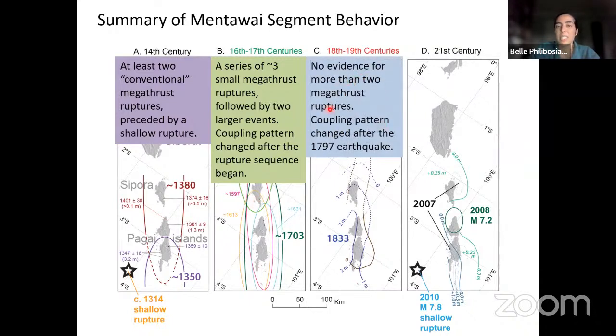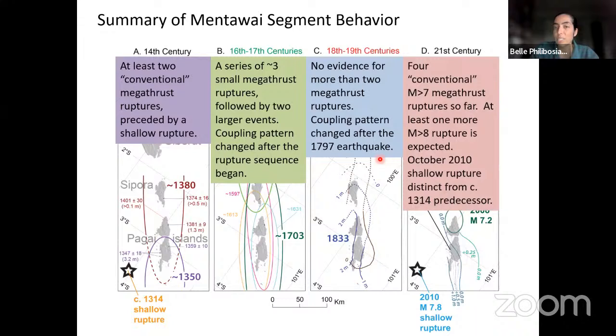And similarly, in the next sequence, we had only 2 events, but again, the coupling changed after the 1797 earthquake, the first one in the sequence. And in the 21st century, so far, we've had 4 conventional megathrust ruptures above 7, and we expect that at least 1 more will be needed to fully rupture the Mentawai segment. And we also have the shallow rupture, which is similar but not quite the same as the 1314 rupture.